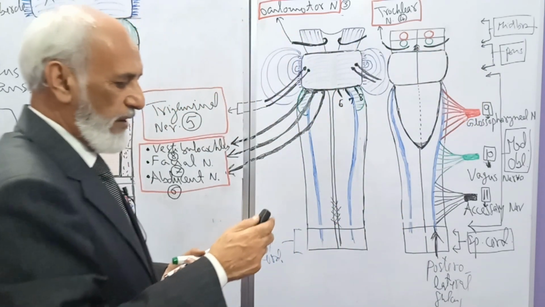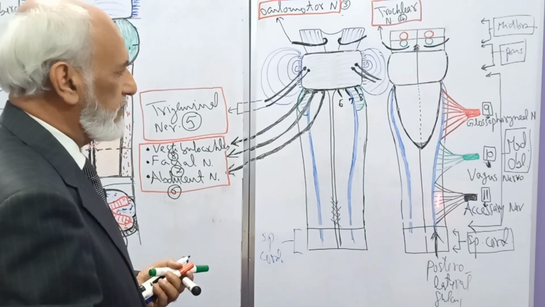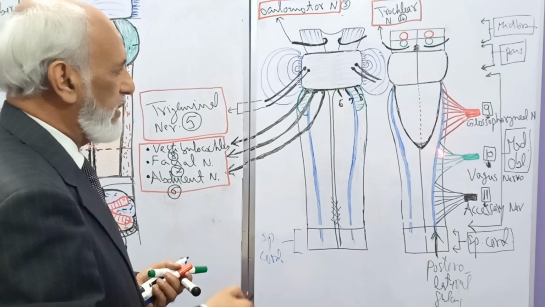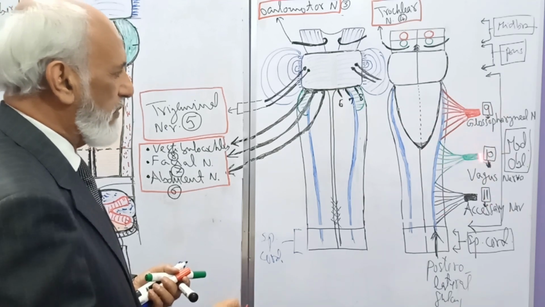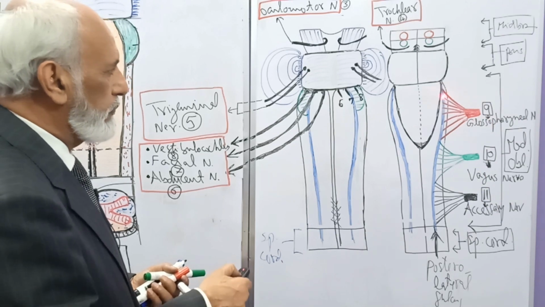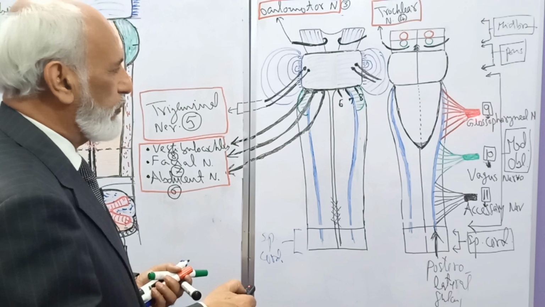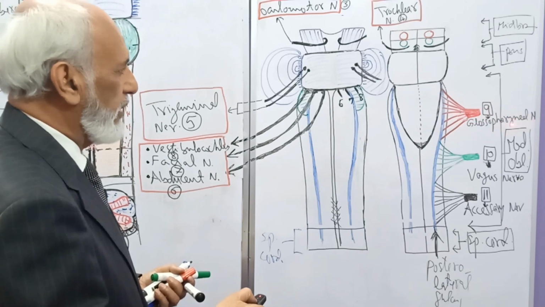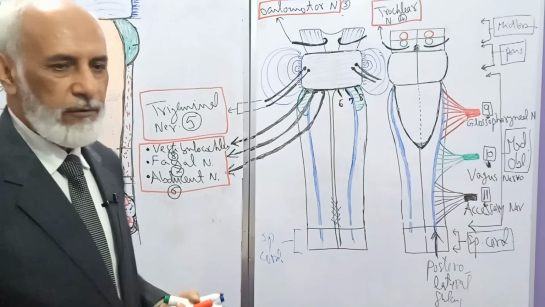So you can see from the medulla oblongata, posterolateral sulcus, in the form of several rootlets of 9th, 10th, 11th cranial nerve from above downward throughout the extent of the posterolateral sulcus. These rootlets join together to form 9th or glossopharyngeal nerve, 10th or vagus nerve, 11th or accessory nerve.